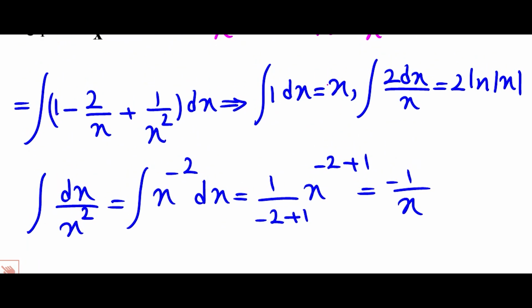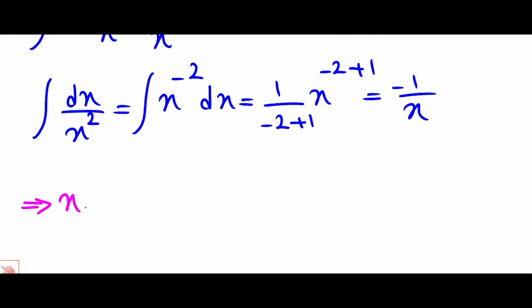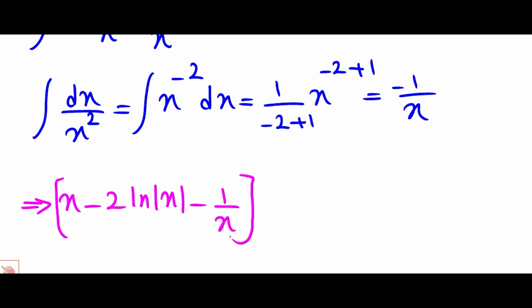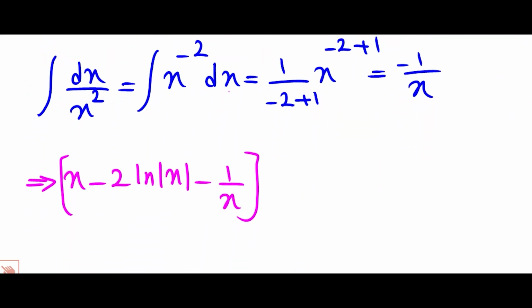So the answer is x minus 2 ln of the absolute value of x minus 1 over x, right? From 1 to 2. When x equals 2, we have 2 minus 2 ln of 2 minus 1 half, right?